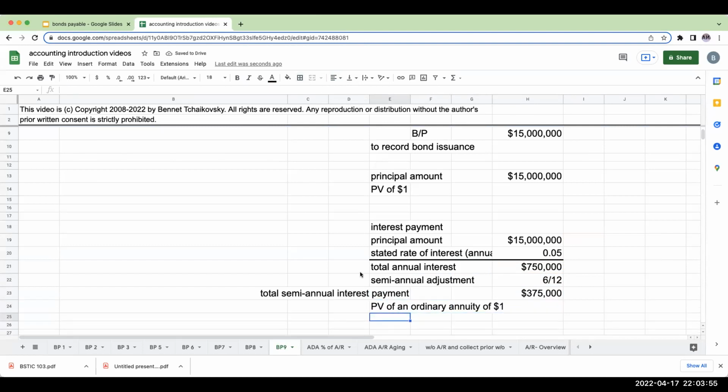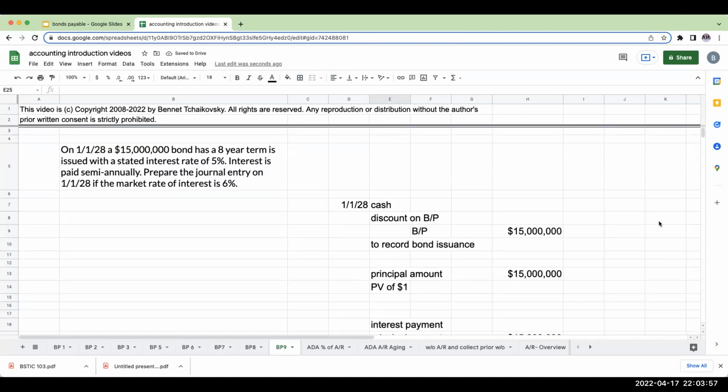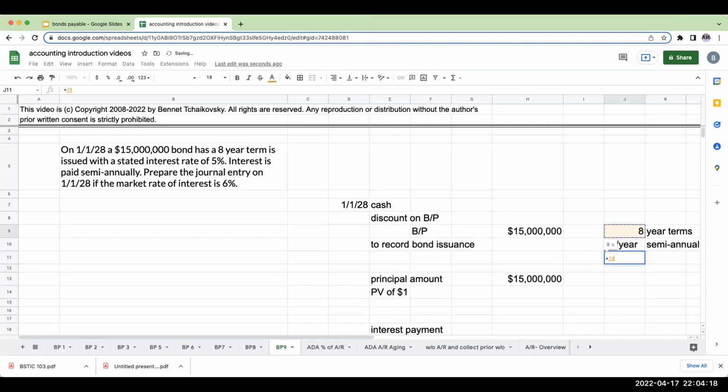Now, when it comes to going to the tables, I need to know 2 things. This bond has an 8-year term. I need to know how many times interest is being paid. Well, it's going to be 2 times per year, because it's semi-annual interest. So I'm going to make a total of 16 payments.